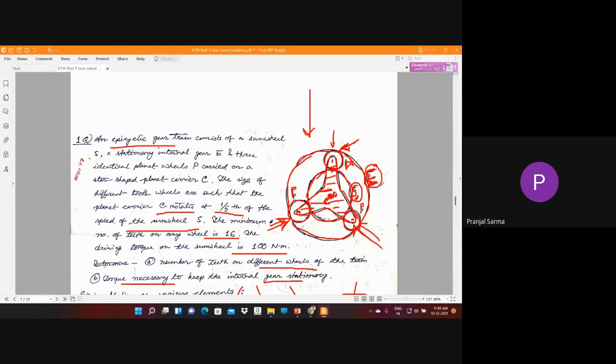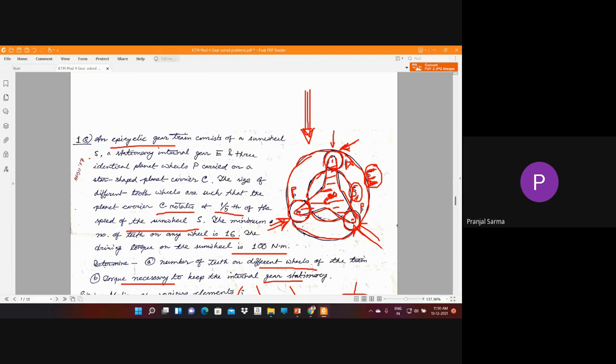Due to the motion of gear E, which element from this system will get motion? Where will the motion transfer happen?